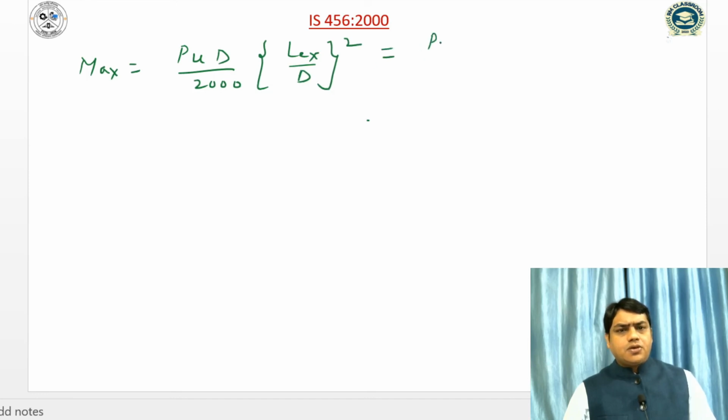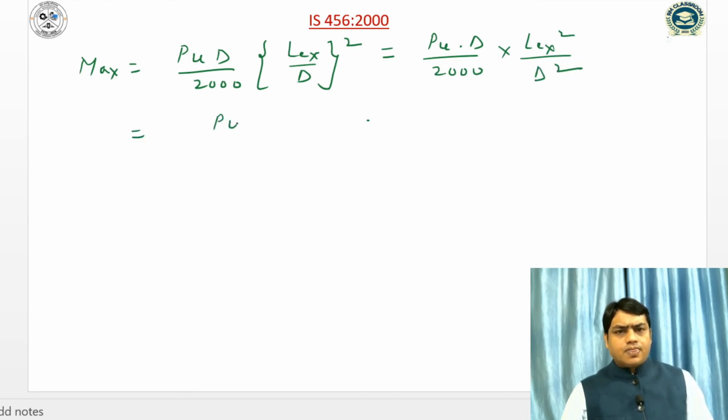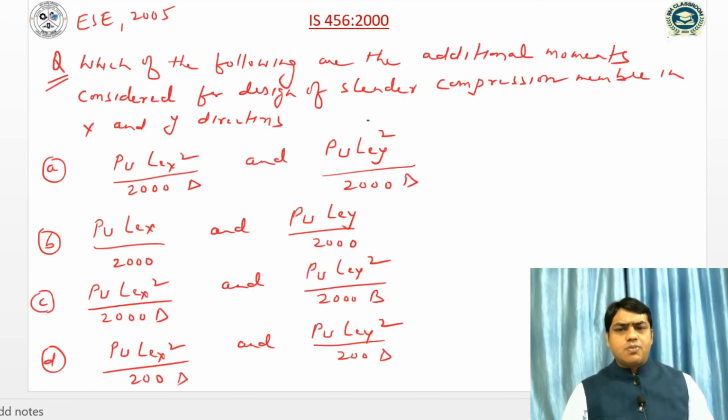So it will be PU into D divided by 2000 into LEX whole square divided by D square, which gives PU LEX whole square divided by 2000 D.